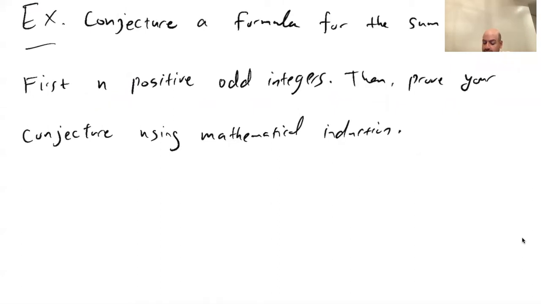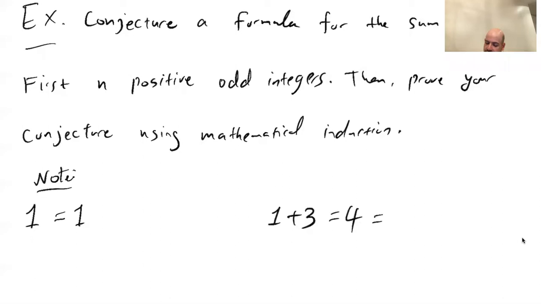For example, the first odd integer is 1. And, well, 1 is 1. There's no sum here. But then if I look at the first two odd integers, 1 plus 3, that's 4, which is 2 squared, right?